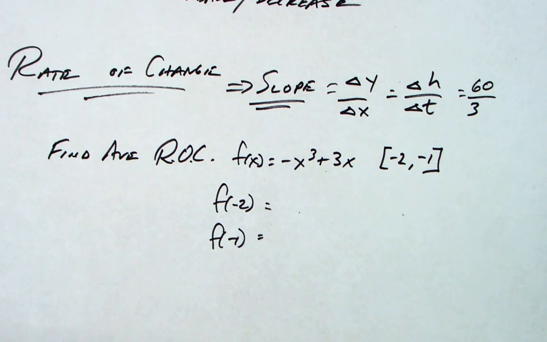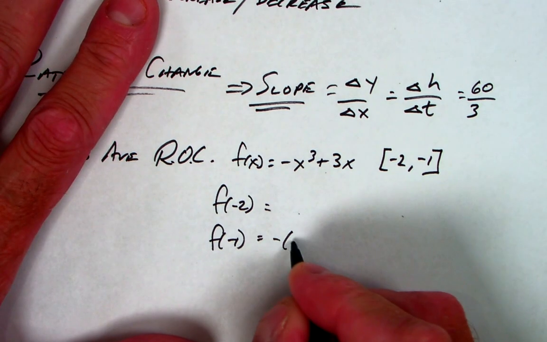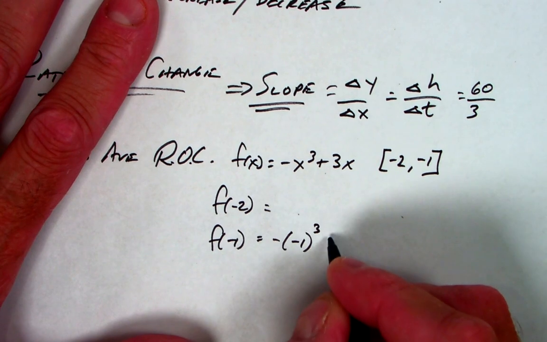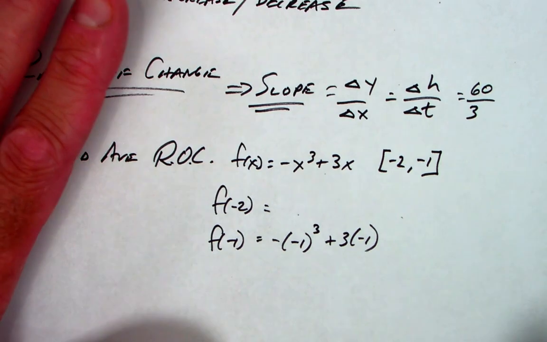-4? No. Three times negative... you're wrong. Negative one. We're still trying to figure out the negative bracket. This is not a calculator problem, by the way.